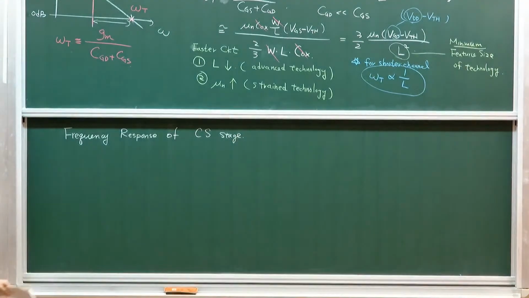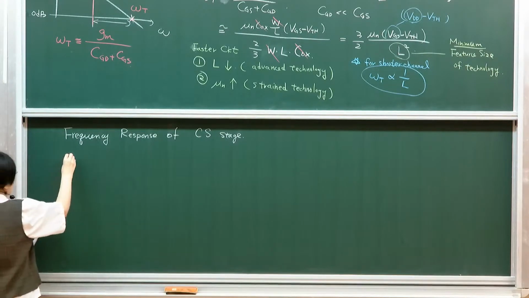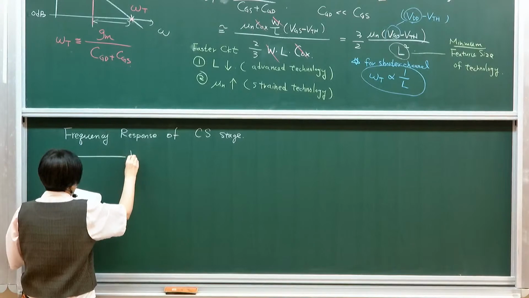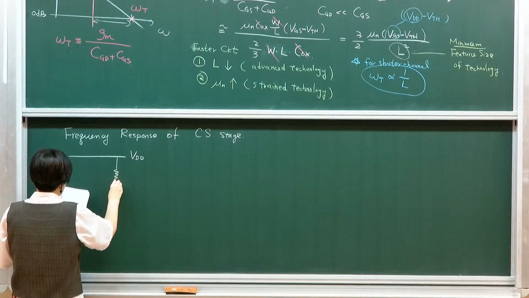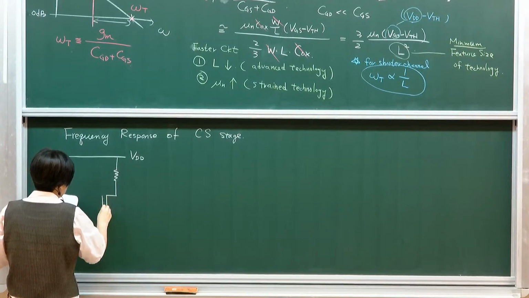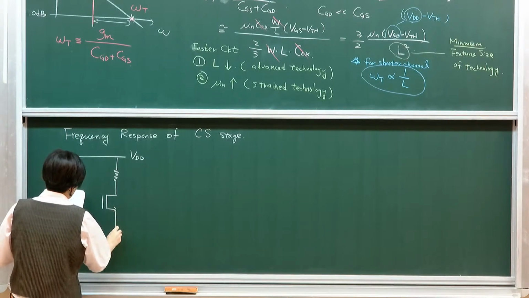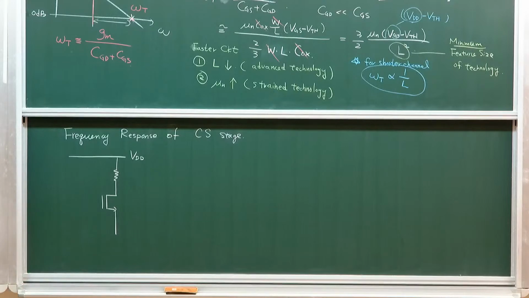Okay? So if I give you a circuit, something like this, it is the circuit we have already analyzed before. Now we're going to separate it into two regions. One is at low frequency. Low frequency is typically limited by external capacitance, and high frequency is determined by parasitic capacitance.